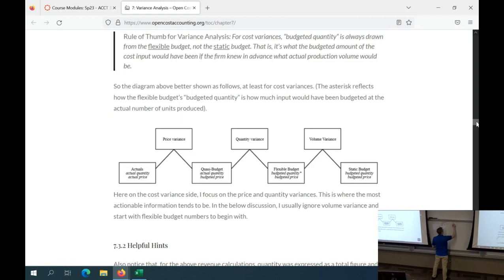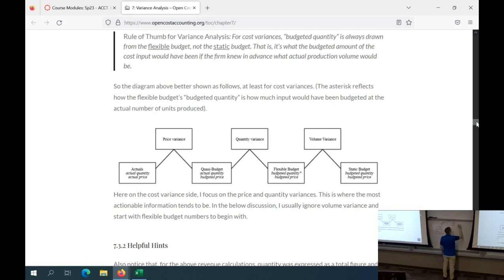And then we have the quasi-budget that we use, I'll put that on top like there, the quasi-budget that we use for our price variance. And that is AQP times standard price, because we're doing price variance, so that's the lever we're going to pull.